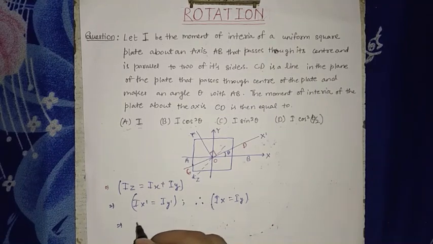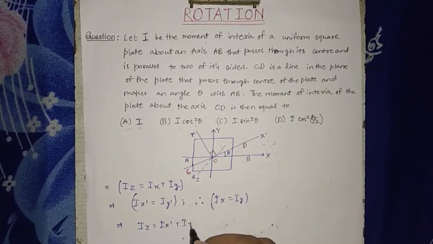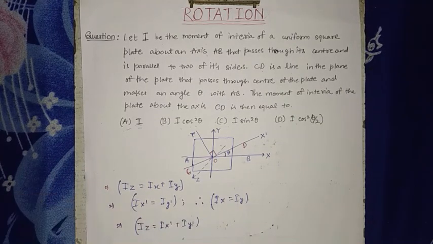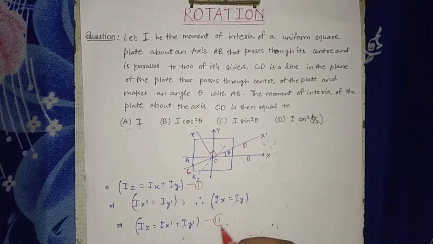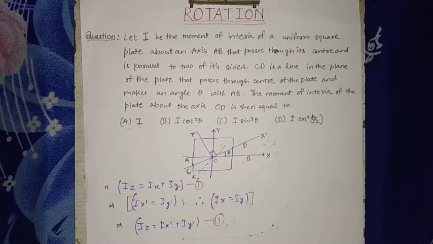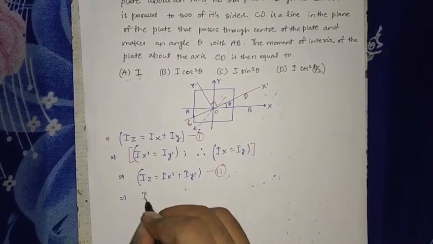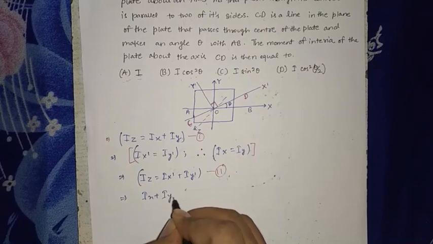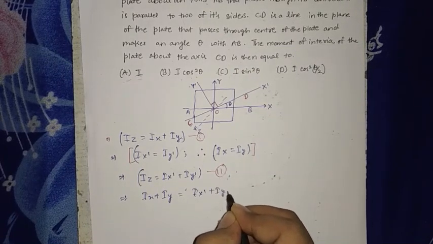And now again by the perpendicular axis theorem I can write Iz is equal to Ix dash plus Iy dash. So this is our equation 1, this is our equation 2, and from these two we can say that Ix plus Iy is equal to Ix dash plus Iy dash.